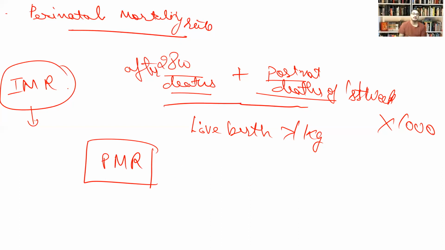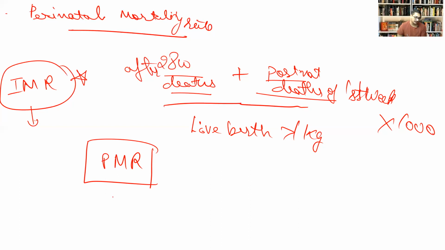Of these indicators, like IMR and PMR, the IMR is the most important indicator. We will discuss why IMR is used for knowing whether the health services of a community or a country are good or bad.